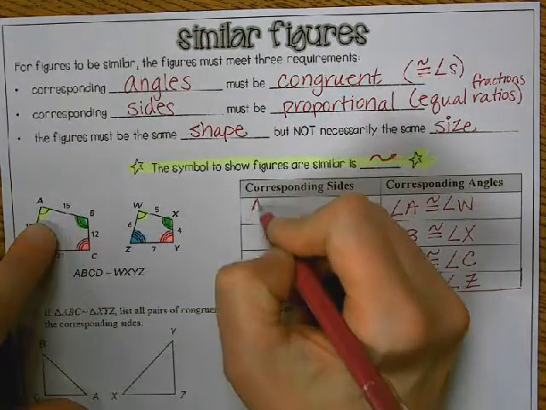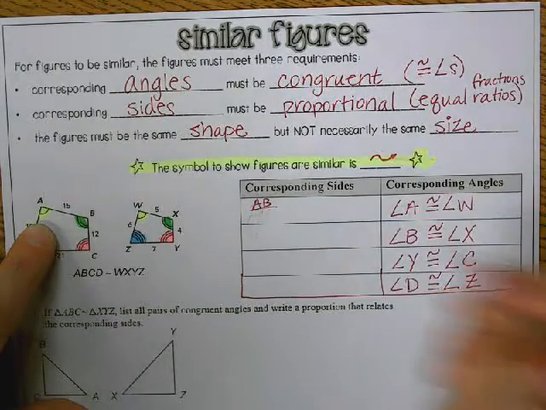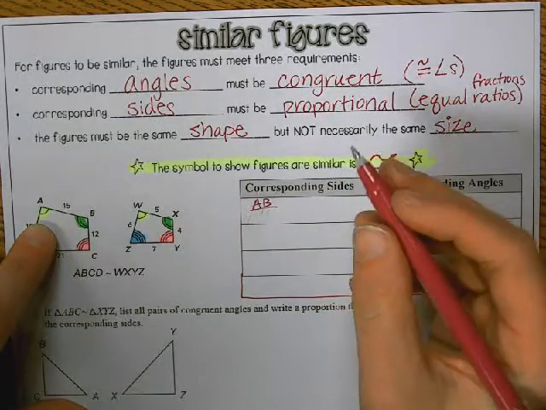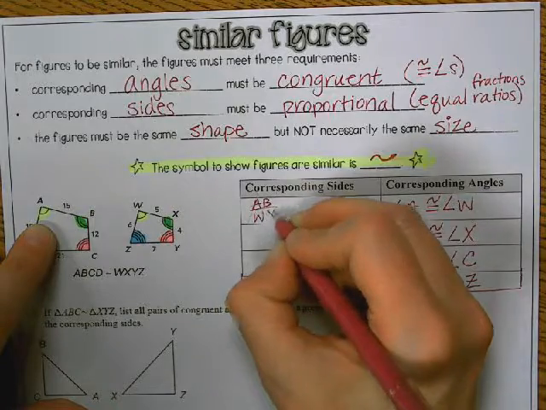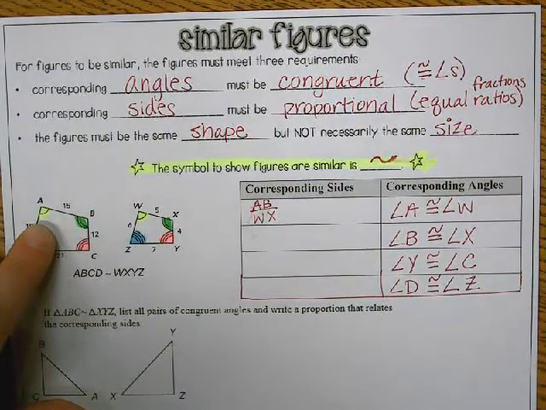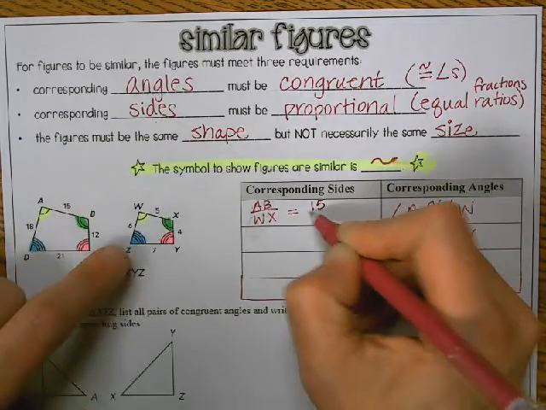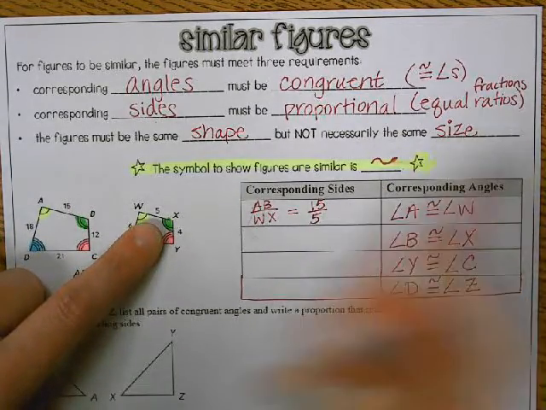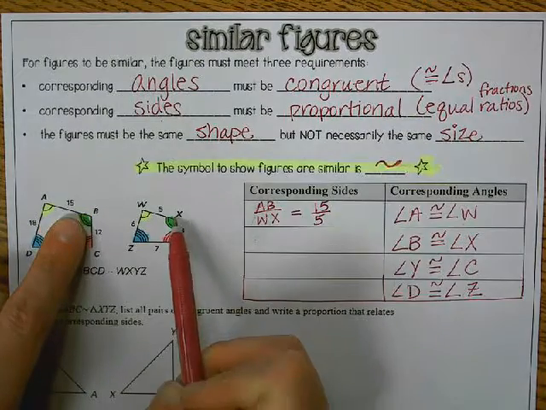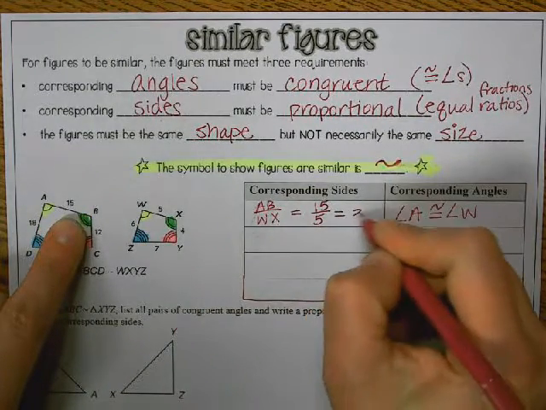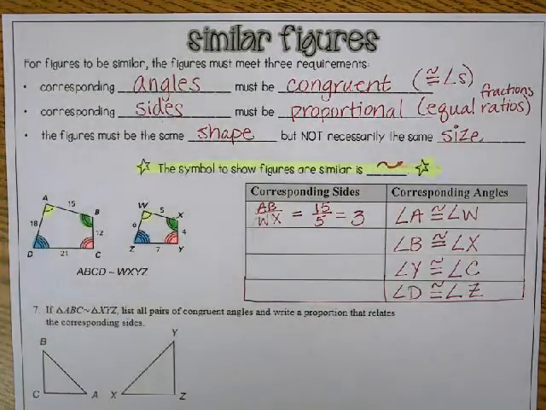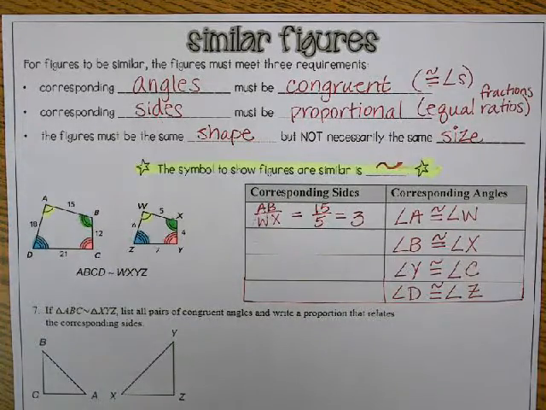So I'm going to take side AB and put it over side WX. Side AB is 15, side WX is 5. So 15 over 5, and when I simplify that, I get 3. 15 divided by 5 is 3.